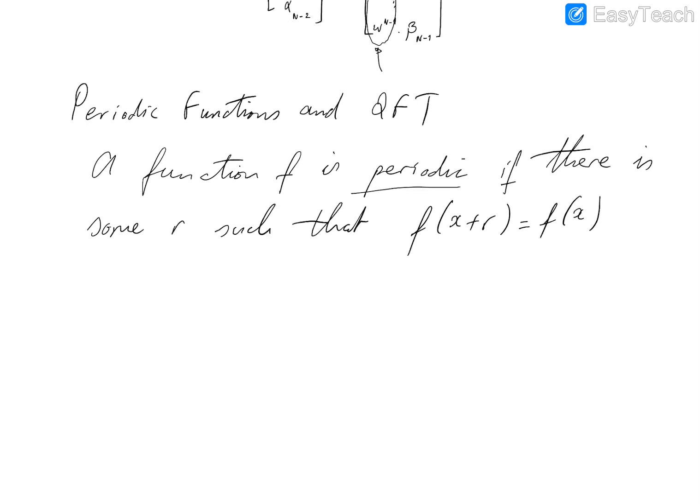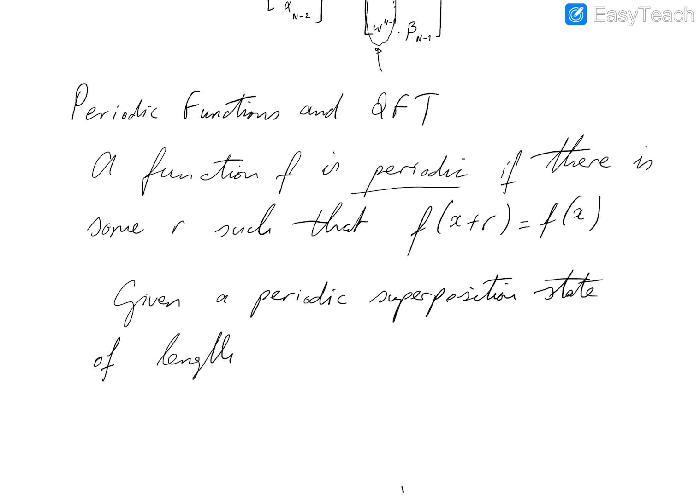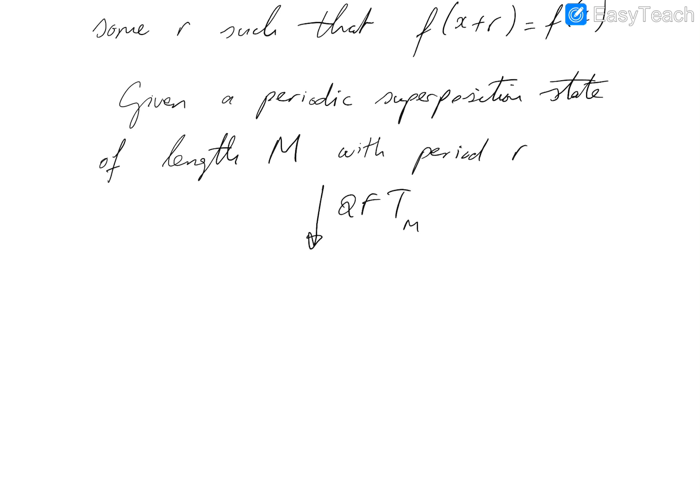Now, given a periodic superposition state, a quantum state of length m with period r, the quantum Fourier transform maps this superposition state into another superposition of length m, except with period m over r.